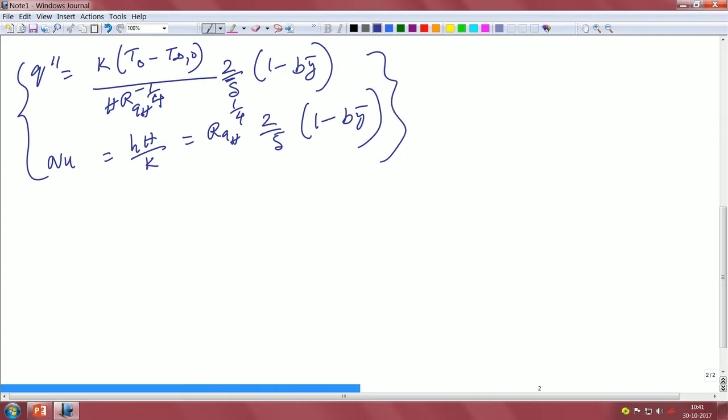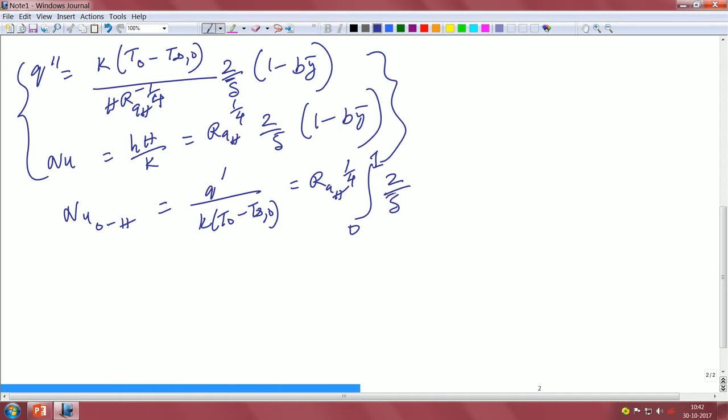Now, if you have to find out the average Nusselt number, which is from 0 to h, you need to integrate the whole expression. So this is 1/4, to integrate it from 0 to 1, 2 by delta bar, 1 minus B y bar, d y bar. That is the integration.